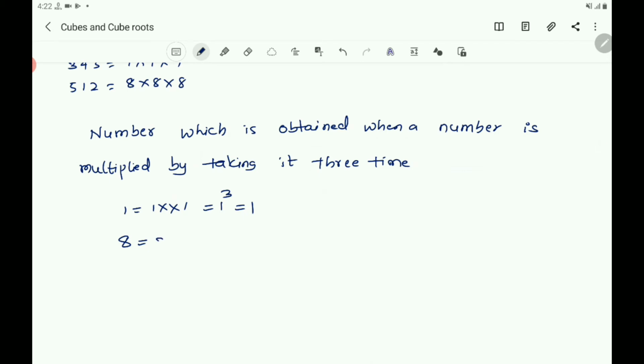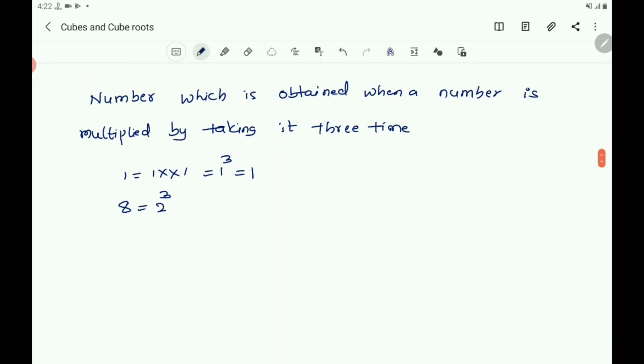So here you can write 2 cube. Cube means the power is 3. And next, 27 is a cube of 3. And 64 is a cube of 4. Like this way you can write.